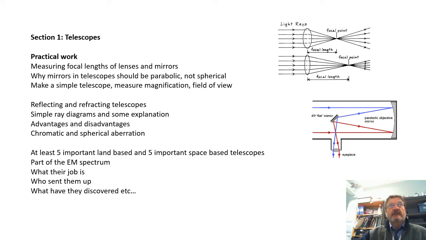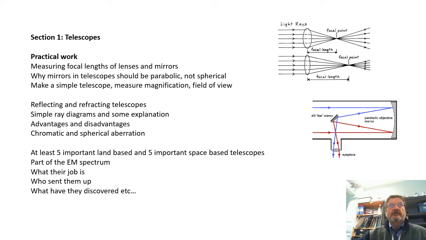Then we want a report on reflecting and refracting telescopes, simple ray diagrams for each and some explanation as to how they work, and what the advantages and disadvantages of these two telescopes are. You should explain things like magnification and how you work it out, field of view, chromatic aberration and spherical aberration.